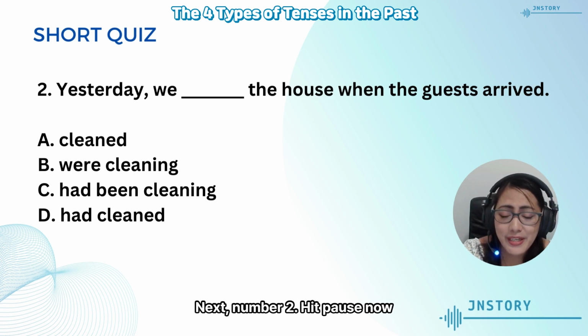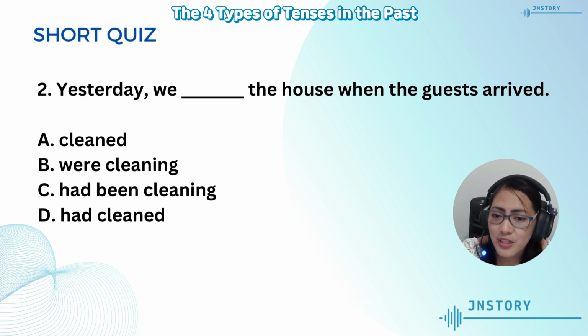Next, number 2, hit pause now. Okay, number 2, yesterday we blanked the house when the guests arrived. Letter A, cleaned, B, were cleaning, C, had been cleaning, or D, had cleaned.